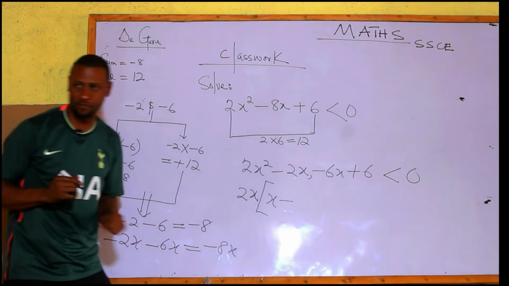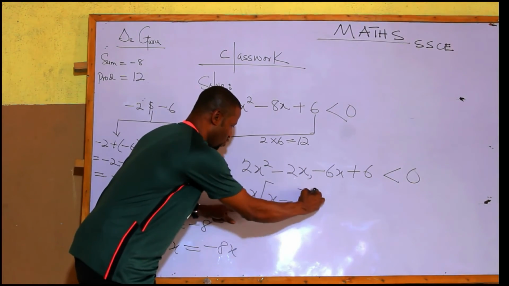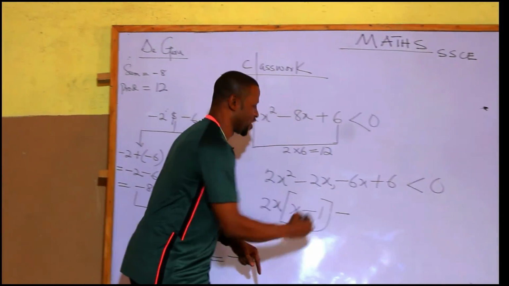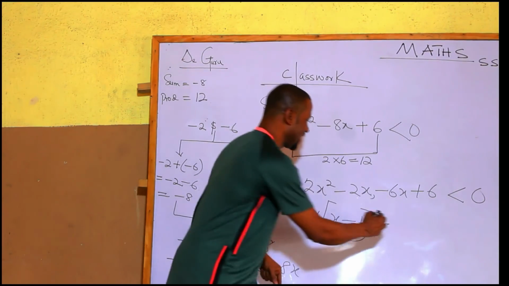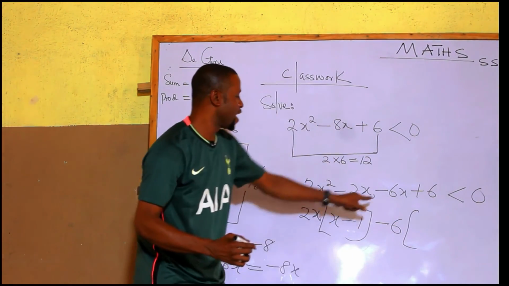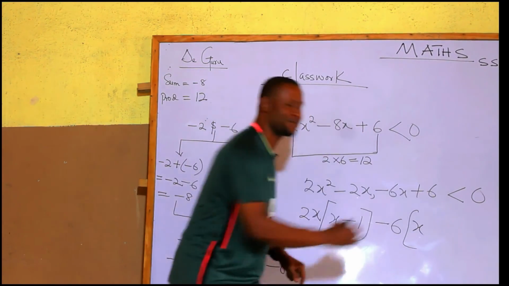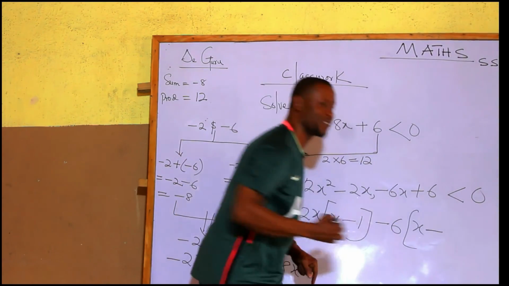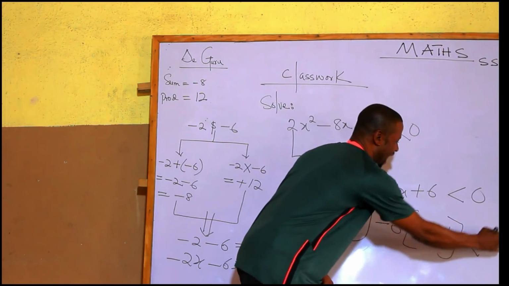Bring down the minus: 2x divided by 2x is 1. Then between minus 6x and 6, 6 is common. Open bracket: minus 6x divided by minus 6 gives x, and the minus makes the plus become minus. 6 divided by 6 is 1.